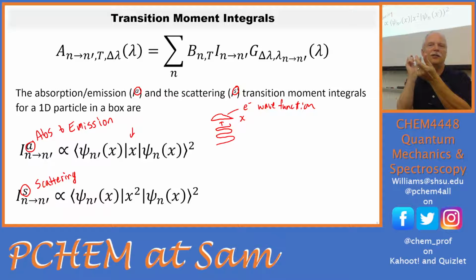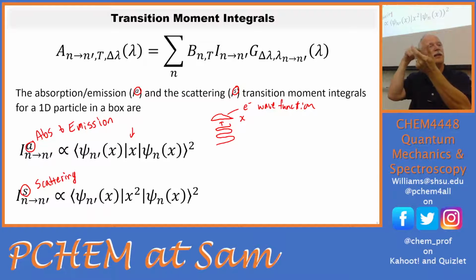And so we're just going to use the x-axis to behave like light. So we could put in there the permittivity of the vacuum and the electric field strength and so on, but those are all constants. So we're just going to use x and scrub out all those other constants because we're looking at relative intensities. We're not trying to calculate the absolute intensity. So relative intensities are good enough for us.